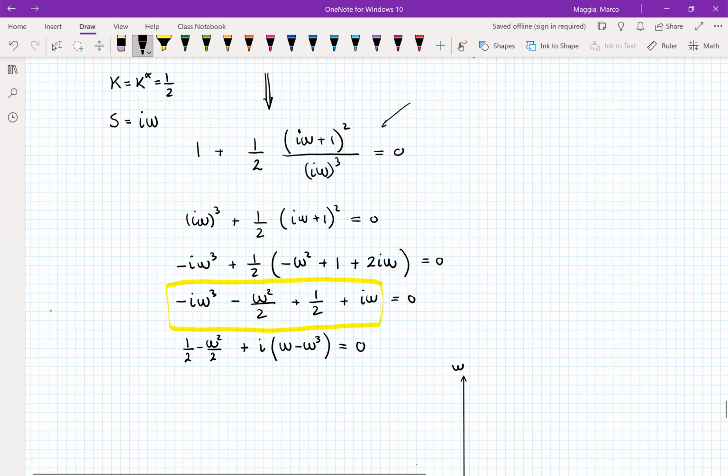So you see that we have a real part, let's call it A, and an imaginary part B. So this has to be equal to 0. So 0 is technically 0 plus i times 0. So what you can do is you can equate A equals 0 and B equals 0.